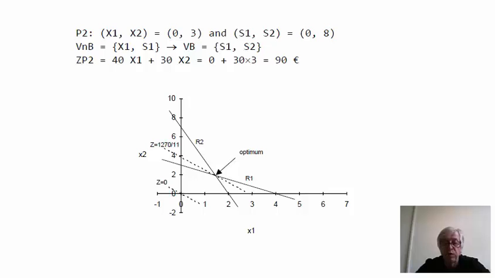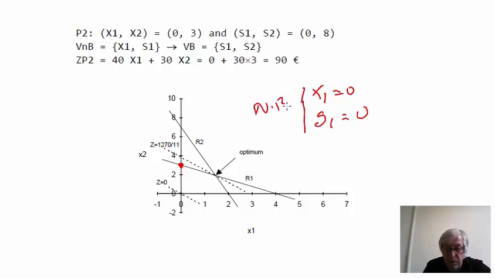The second point that we are going to check is this point here. What we know about this point is that x1 is 0, and we are in line 1. That is, we are in the boundary of resource number 1. That means that s1 is 0. So these are my non-basic variables. If I use this condition, I will get the value of my basic variables.